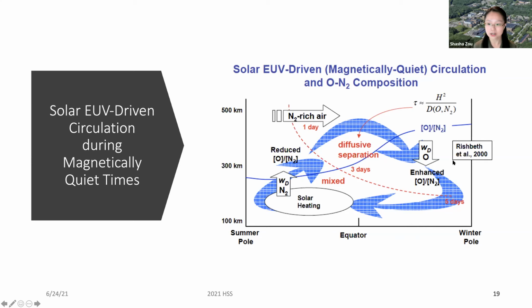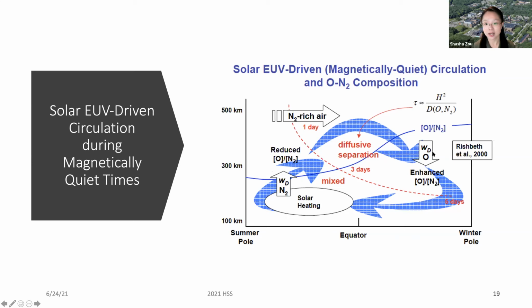Once you have those large-scale circulations going on, you are disturbing the O/N2 ratios globally. In the summer hemisphere, you will see a reduced O/N2 ratio because you have more N2 now here at the bottom.